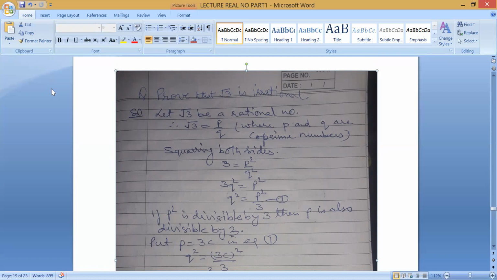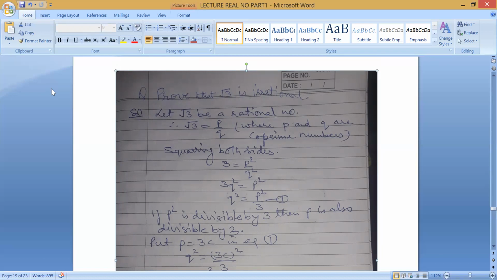Therefore, root 3 equals P upon Q, where P and Q are co-prime numbers. I have explained what co-prime numbers are: numbers which have 1 as the only common factor.